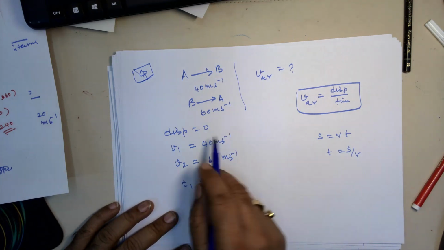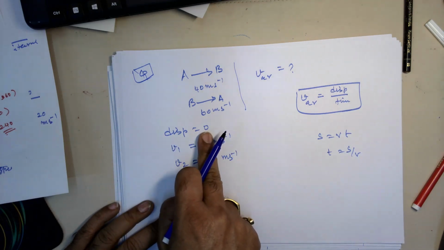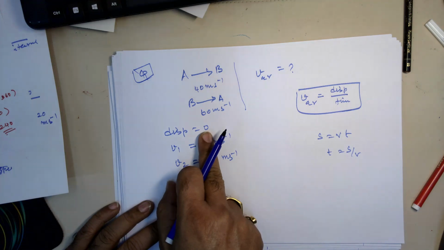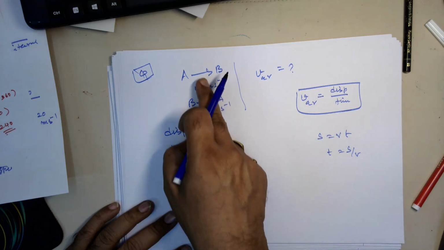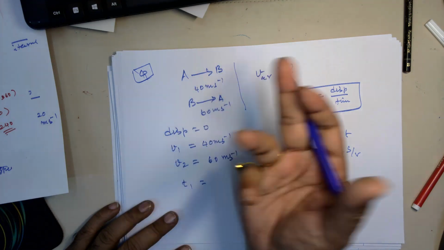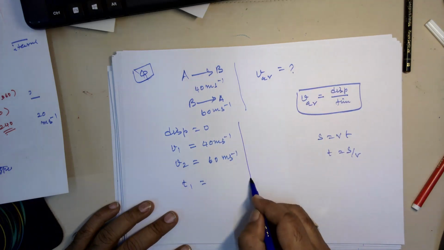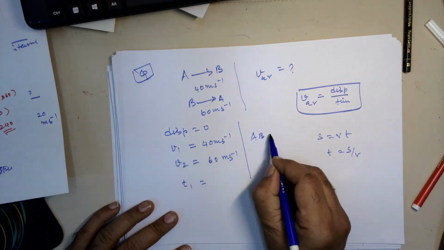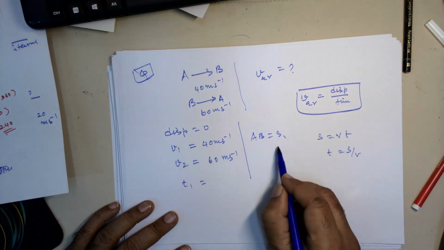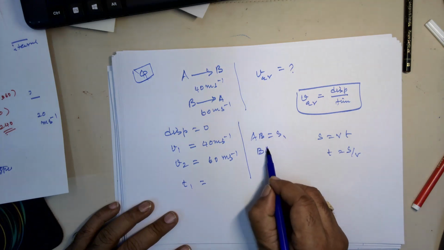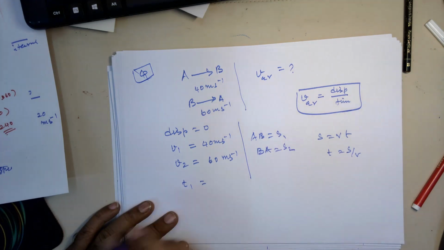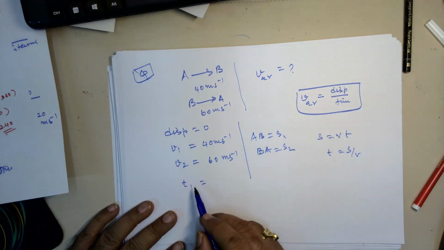Here the displacement alone is 0, but not the distance. We do not know the distance. So better you put AB for S1 and BA for S2. Do you agree with this? In that case, what is T1?